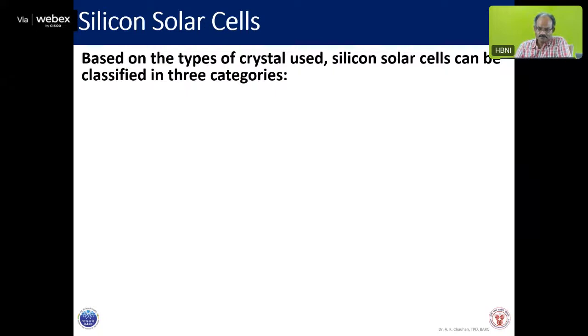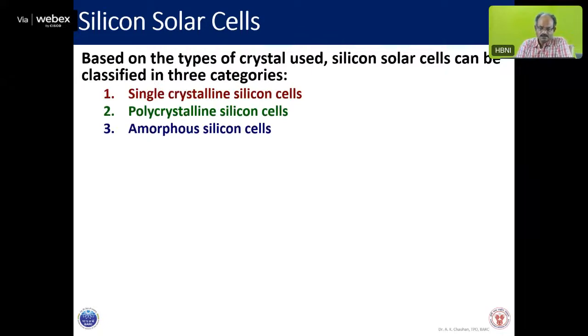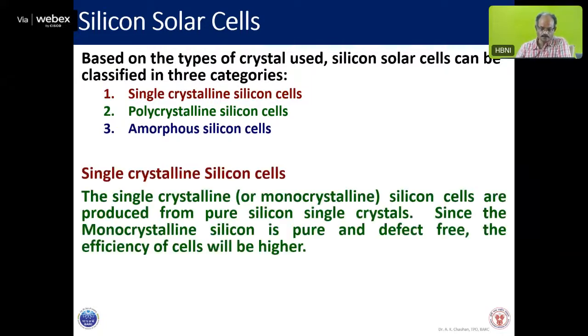So based on the type of crystals used, silicon solar cells can be classified in three categories: single crystalline silicon solar cells, polycrystalline silicon solar cells, and amorphous silicon cells. Single crystalline or monocrystalline silicon cells are produced from pure silicon single crystals.